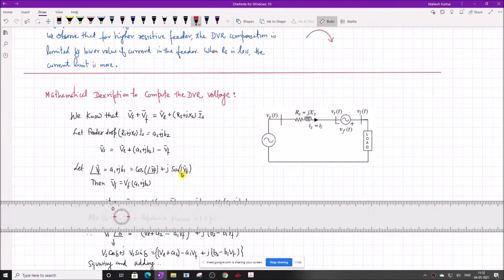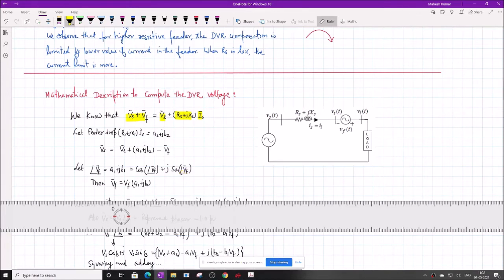Now, you may ask the question: can we have a mathematical formulation for the same? The answer is yes. We write the same equation. As you can see, Bs plus Bf equal to Bl plus Rs plus jXs into Is. This is the feeder drop and this is the load voltage.